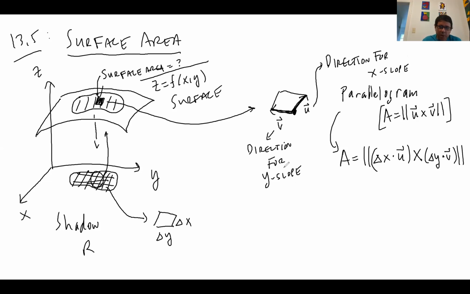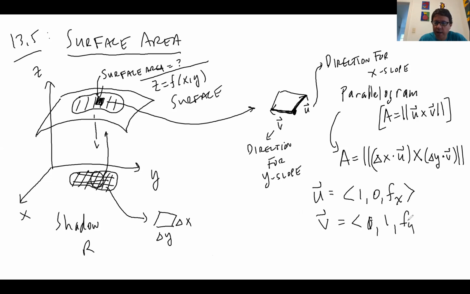If you remember way back when, it turns out that the direction for the x slope is going to be 1, 0, the x partial derivative. This is like the tangent line stuff. It's like the tangent line in the x direction, the tangent line in the y direction. To do a line, you need a direction vector. So u ends up being this, and v ends up being 0, 1, fy. This is a repeat of what we had before.